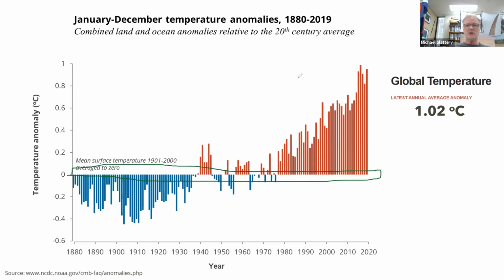That horizontal line that crosses through zero is the 20th century mean surface temperature. Anything above that line, plotted in red, means the Earth was warmer than the long-term average, and anything in blue is a period colder than the long-term average. So if we just go back to 1900, we have this trend of warming temperatures. Now, it's not just a straight line.